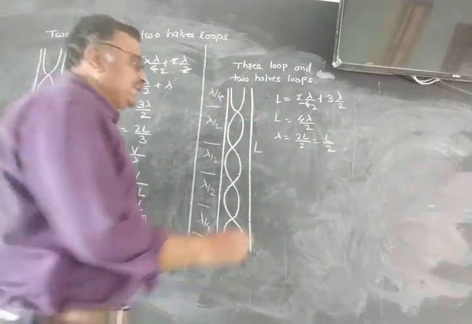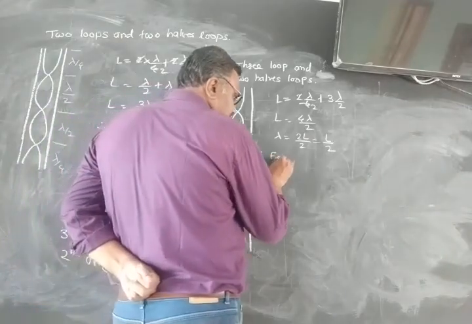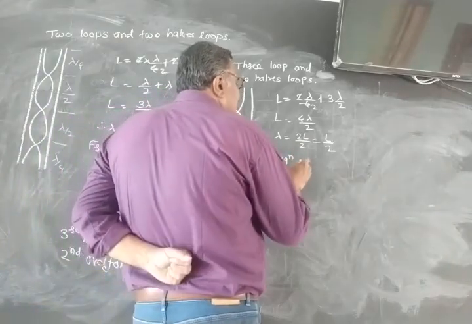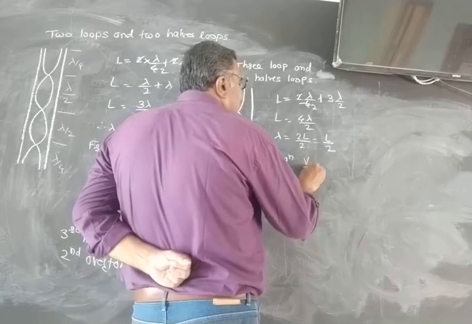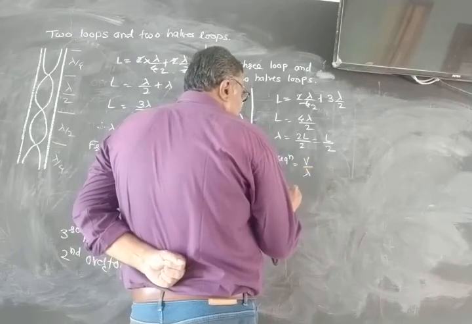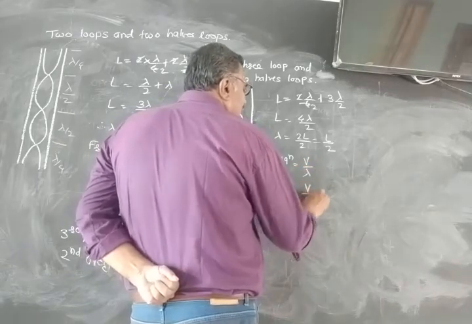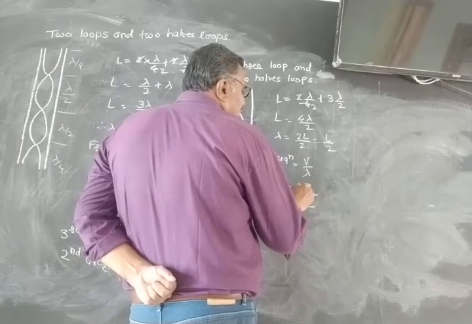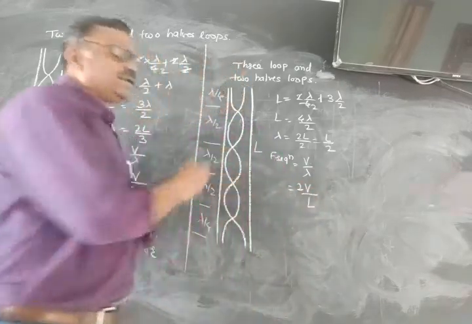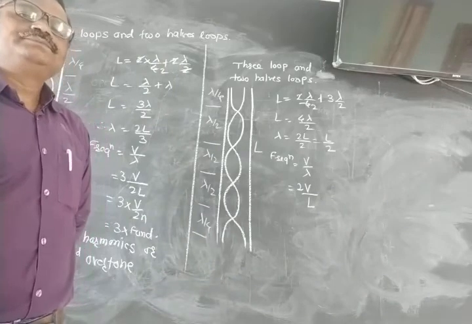Therefore, frequency of vibration is given by V upon lambda. Therefore, V upon L upon 2. Transfer it to the numerator side.